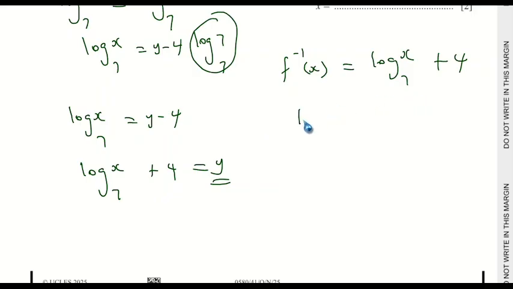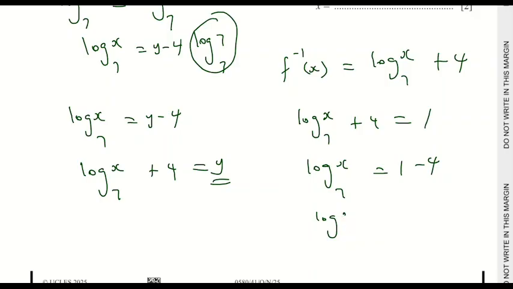Now we have that log x base 7 plus 4 equals 1. So let's rearrange this. Log x base 7 equals 1 minus 4. So we have log x base 7 equals negative 3. If you put this one as the power of the base, it equals x.